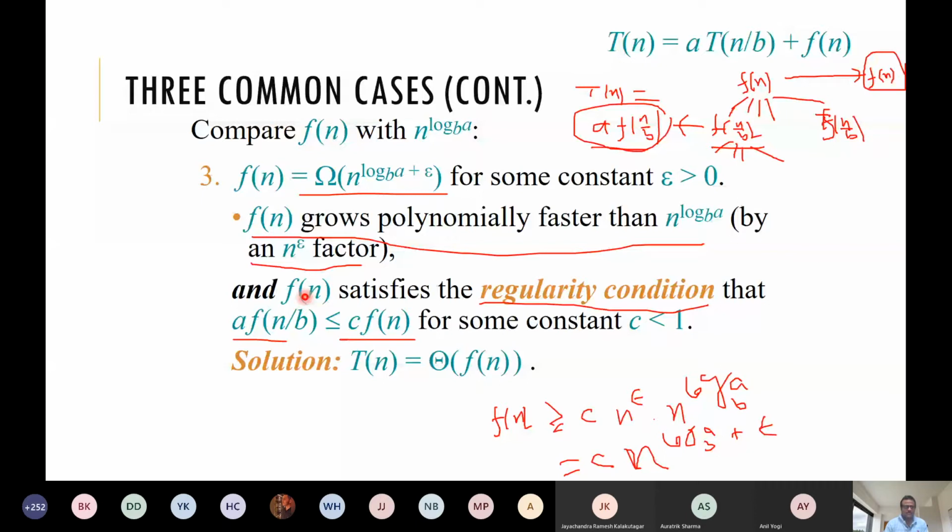Any doubt on this? Hello, sir. Yes. Sir, when you say that f of n grows polynomially faster than n to the power log a base b, this means that f of n is basically taking more time than n to the power log a base b? Yes, f of n is basically taking more time. Roughly speaking, intuitively, say f of n is a thousand seconds and n to the power log a base b is 10 seconds.